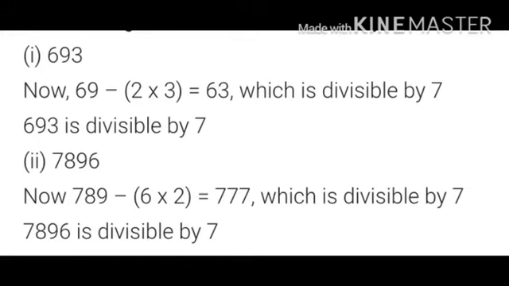Is 777 divisible by 7? Yes, it is divisible by 7. If we divide 777 by 7, the quotient becomes 111. Therefore, 7896 is divisible by 7.